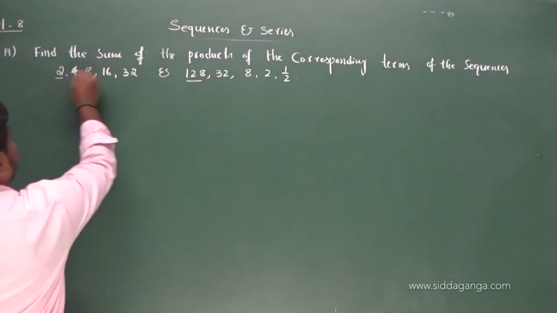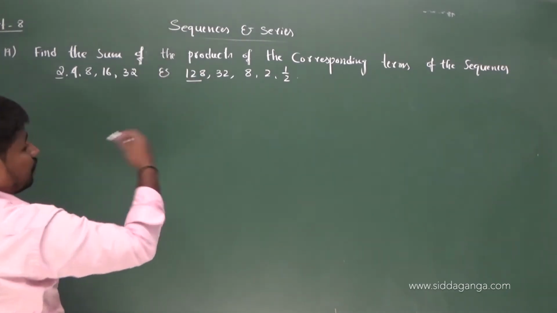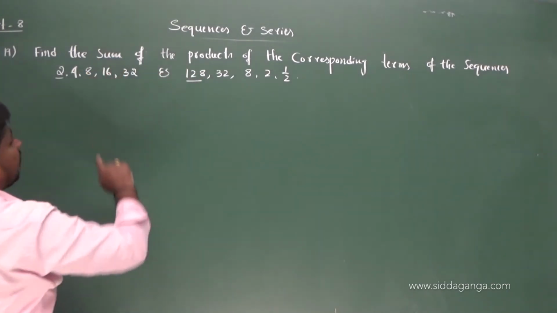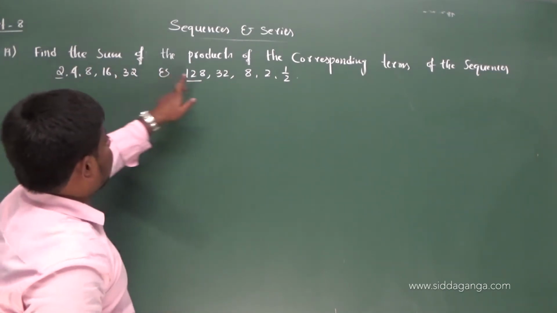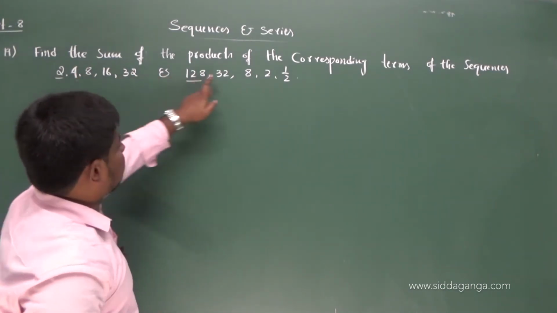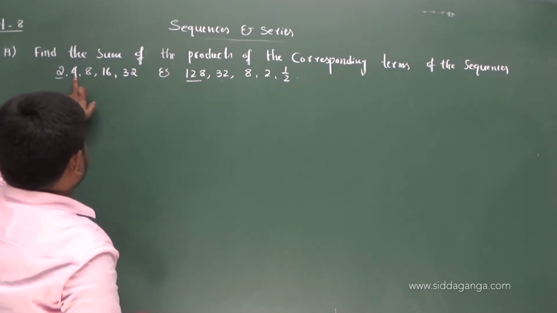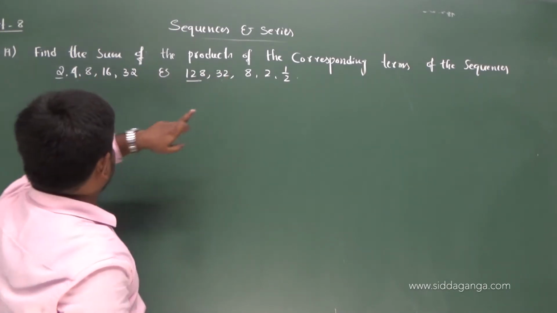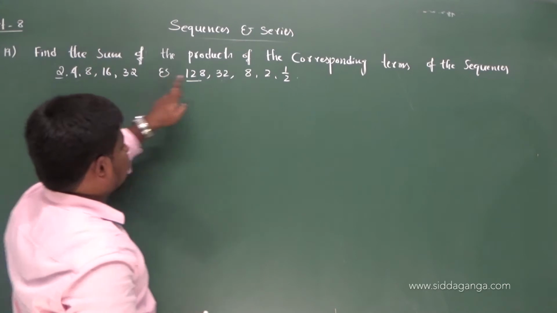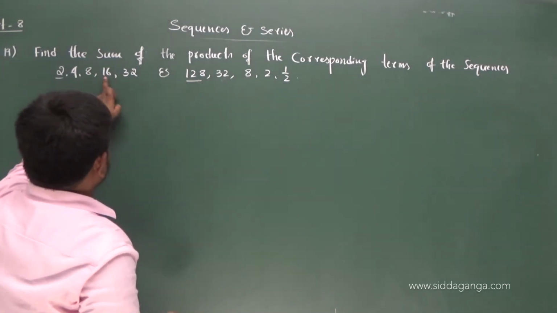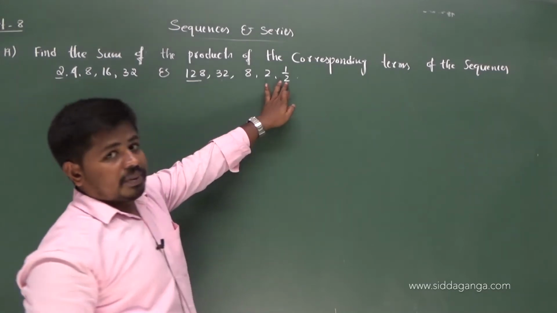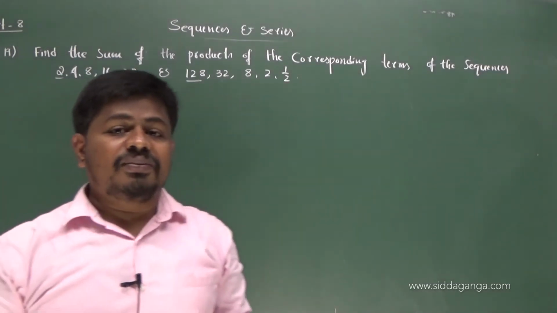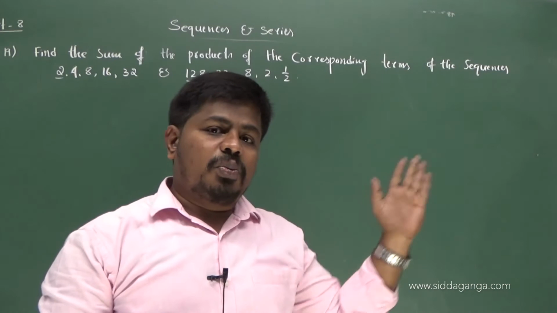You mean 2 into 128, plus we have to add, because we are finding the sum of the products: 4 into the second corresponding term. For 4, the corresponding term is 32. For the third, for 8 the corresponding term is 8. For 16 the corresponding term is 2. For 32 the corresponding term is 1 by 2. So we have to find the sum of products of the corresponding terms.